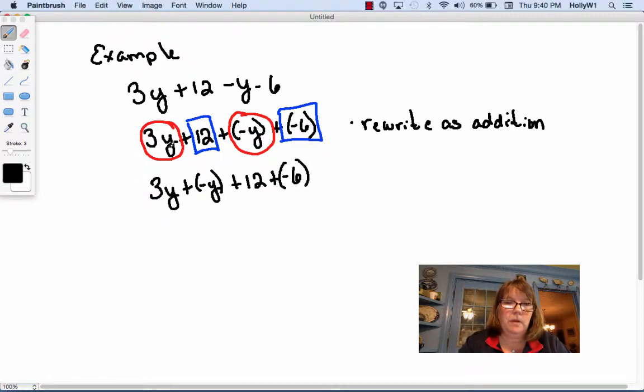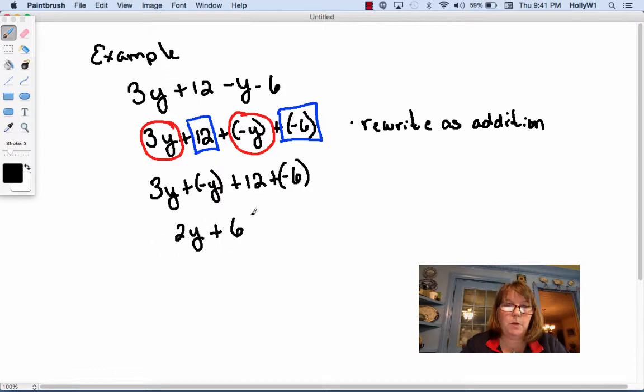Okay, so now we're going to start to combine the like terms. So 3y plus a negative y is 2y. Because if you have 3 y's and you add a negative 1 to it, you end up with 2 y's. And we're going to combine the 12 and the 6. A common mistake is to try to combine these two together to get maybe 8 or even 8y, but you can't combine them because they're not like terms.